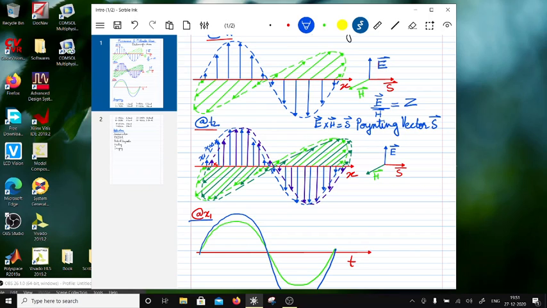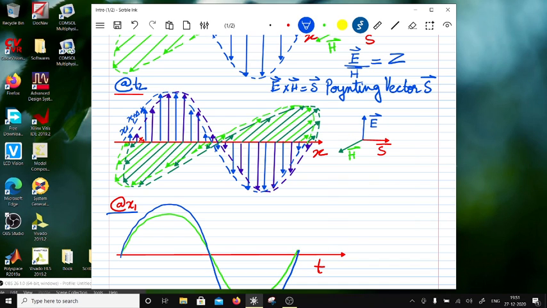So at the distance delta x, it is in the same phase of oscillation as it was before. This is how the waves propagate, the E waves as well as the H waves, in the same way.